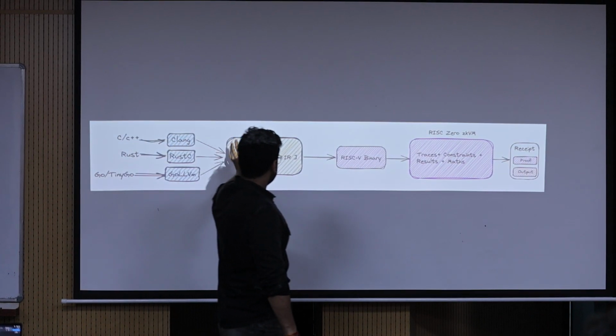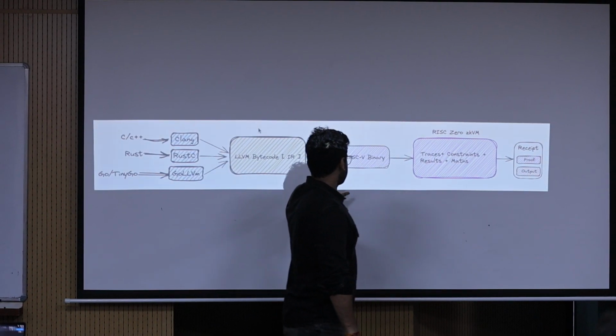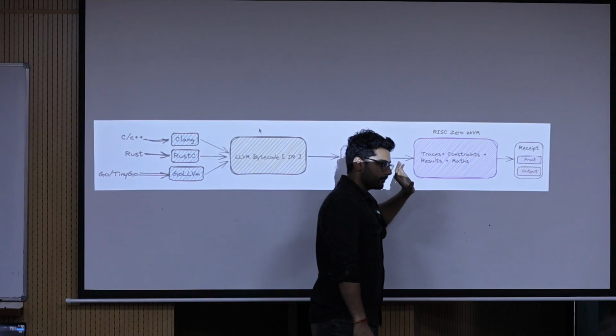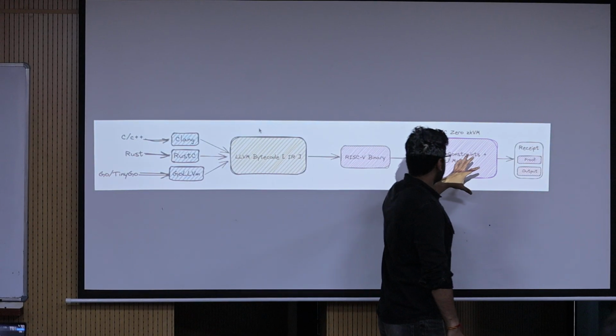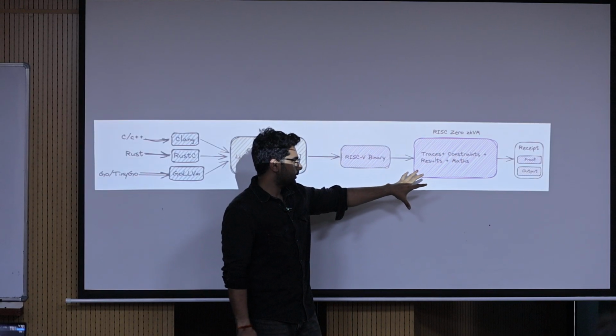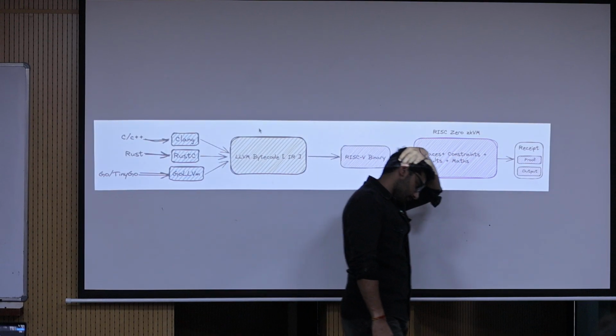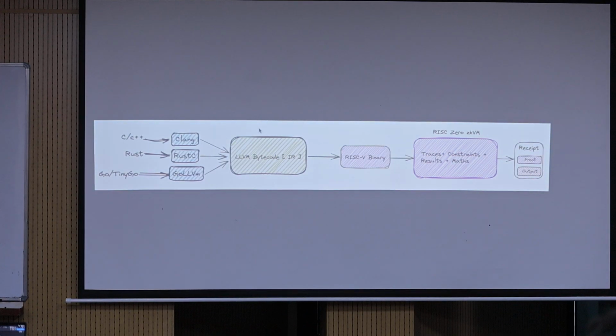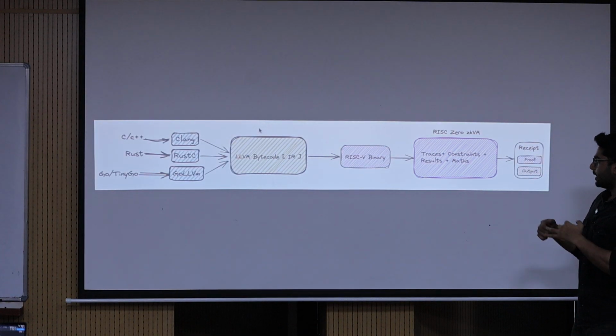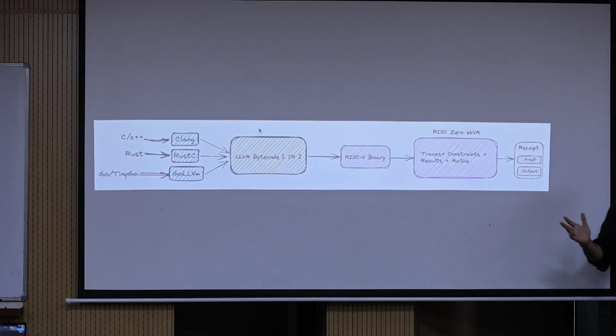So you're compiling into an IR, and those IRs are compiled to a RISC-V binary. Then it's potentially a VM. Now that VM, as we looked at earlier, has the primary task of taking those traces, constraints, results, plus a lot of math put together to generate a receipt.